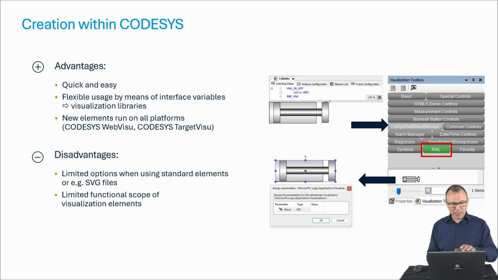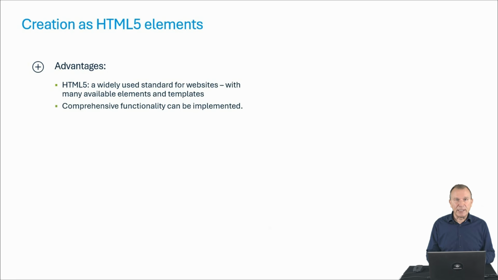However, there are disadvantages. There are, of course, very limited options because you're using standard elements or scalable vector graphics, and as well the functional scope is limited to what CODESYS offers. Therefore, since some years, there's the possibility to create HTML5 elements. Why is that interesting?